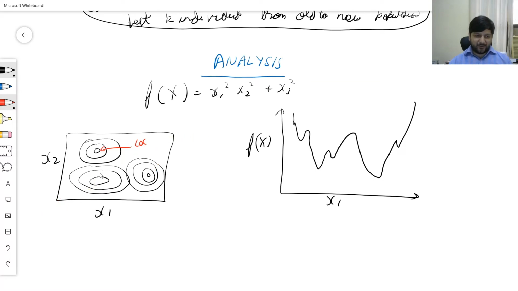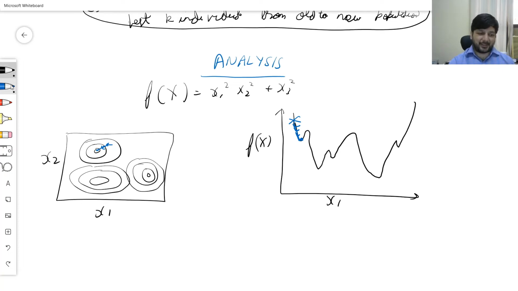Now we started off with a discussion that I can always take a gradient and solve this problem. What is the problem? The problem is that I go in the direction which minimizes the gradient. So I go up till here and the gradient is 0, so I stop moving. And similarly here, I go perpendicular to these contours, and I go here. And then I just stop. So they get converged into local optima.